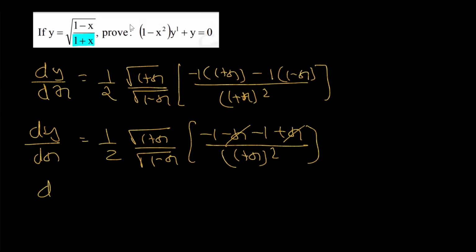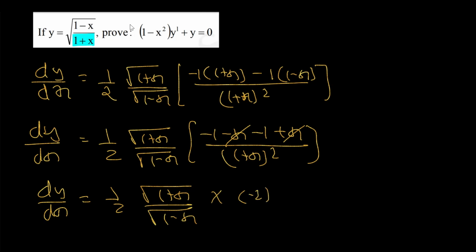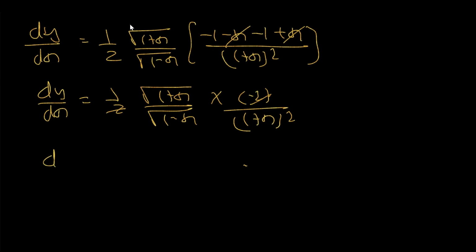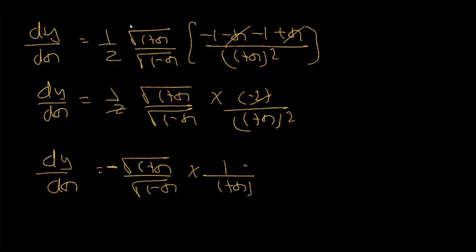So what we have now, dy by dx is equal to, this is half, and this is 1 plus x over 1 minus x under root, and this is what? Minus 2, that multiplied by 1 plus x the whole square. Yes, this 2 and 2 get cancelled. So we are left with dy by dx is equal to, this is 1 plus x under root 1 minus x. We'll put the minus sign here, and this is 1 over 1 plus x whole square.